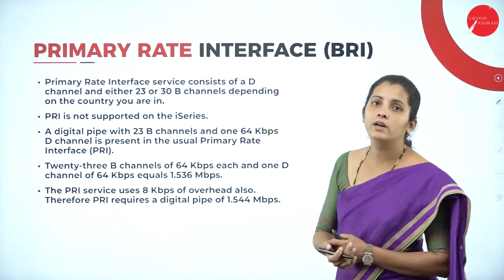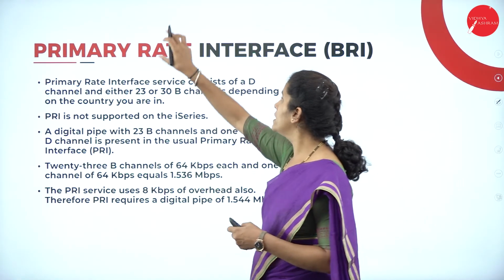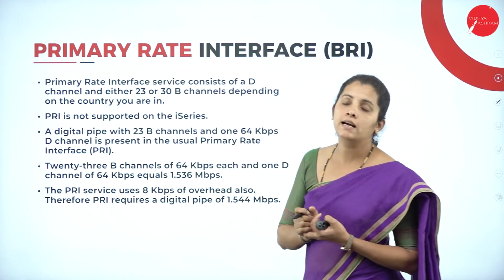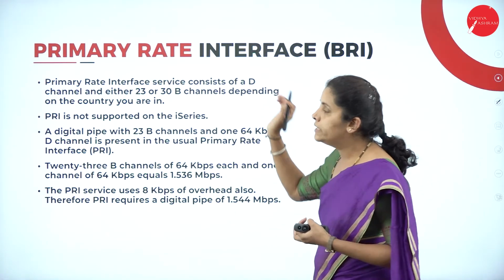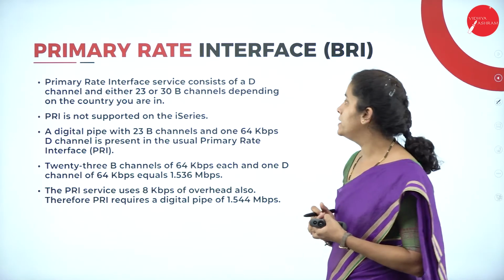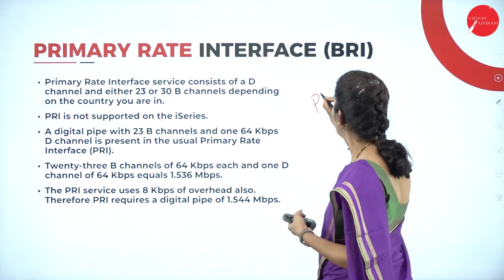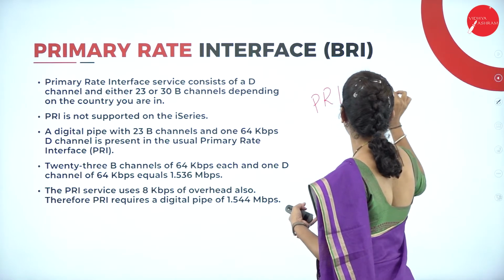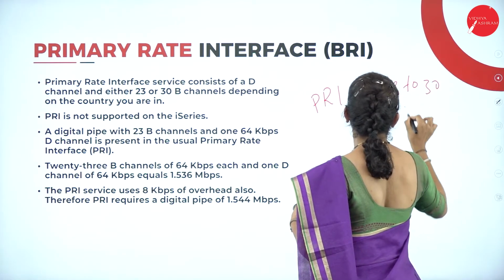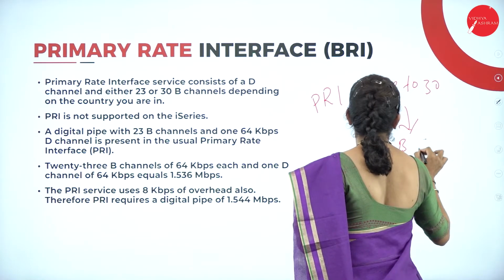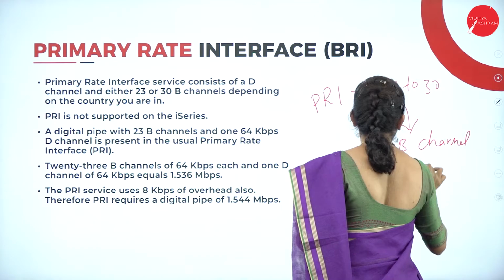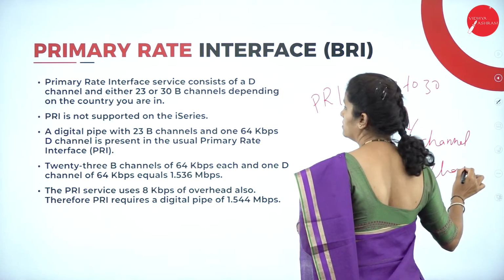Moving further, we are going to have primary rate interface. So here the PRI consists of D channel and 23 or 30 B channel. So here PRI consists of 23 to 30 B channel and 1 D channel.